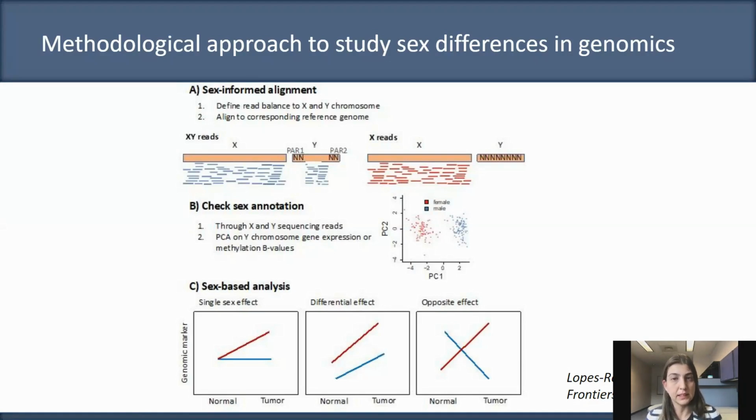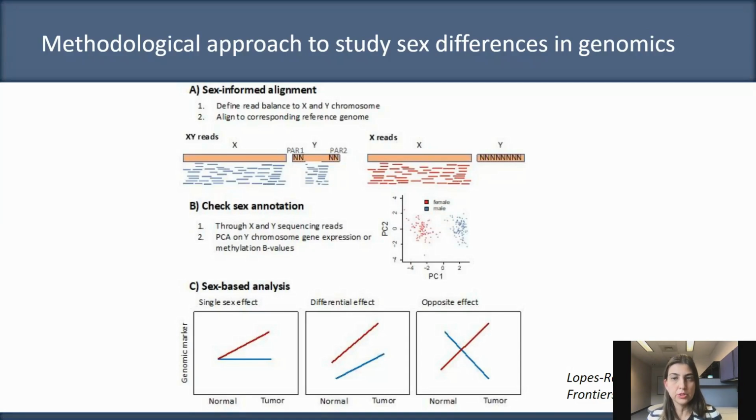Next, in letter B, you can see that another important step is to check for biological sex annotation. So here I'm talking about biological sex, an individual with an XX chromosome and another one with an XY chromosome. And we see that in a lot of data sets, there are misannotations of the biological sex.